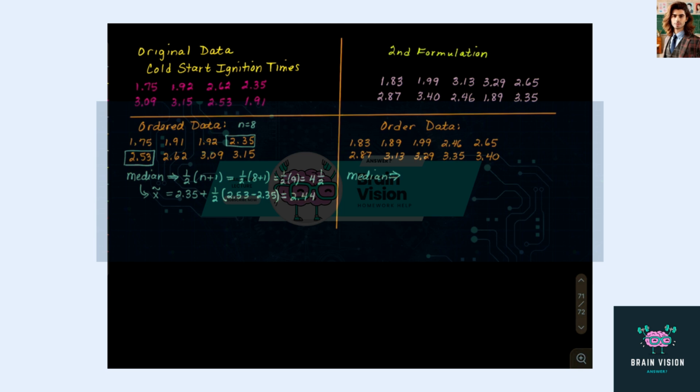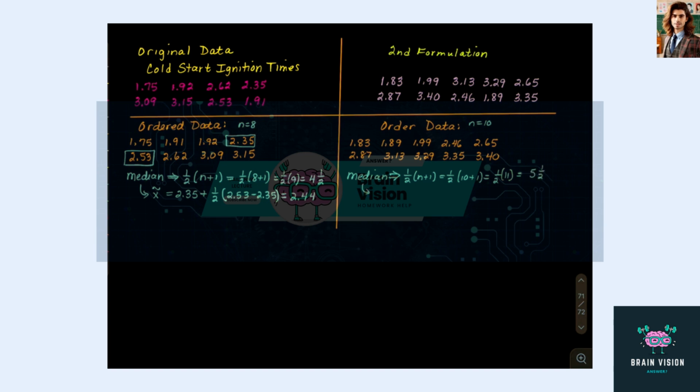We're going to do the same thing for the second formulation. So we're going to do 1/2 of n plus 1. But this time we have 10 pieces of data. So we're going to do 1/2 of 10 plus 1, or 1/2 of 11, which gets us 5.5.